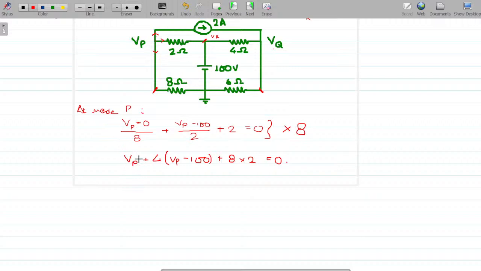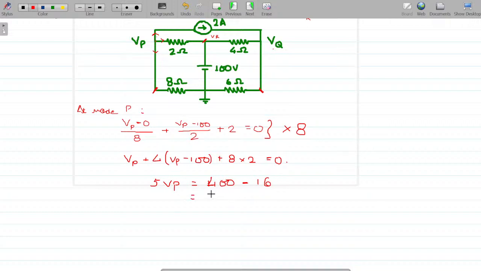This would become 4 times Vp minus 100 plus 8 times 2 equals 0, right? Or can I write 5 times Vp is equal to 400 minus what? 16, right?